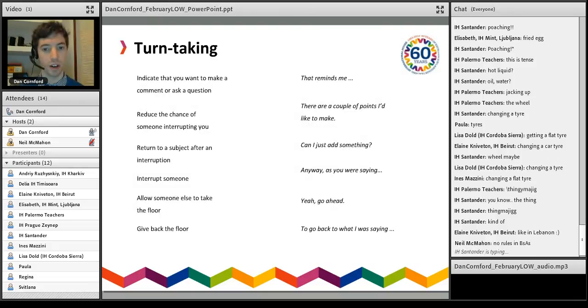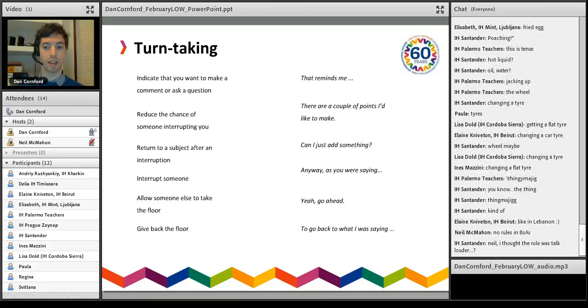On the left-hand side of this slide are some different things that we naturally do in conversation that are related to turn-taking. On the right-hand side are some examples of language chunks that we might use to achieve these different things. Take a couple of minutes and see if you can match these up.